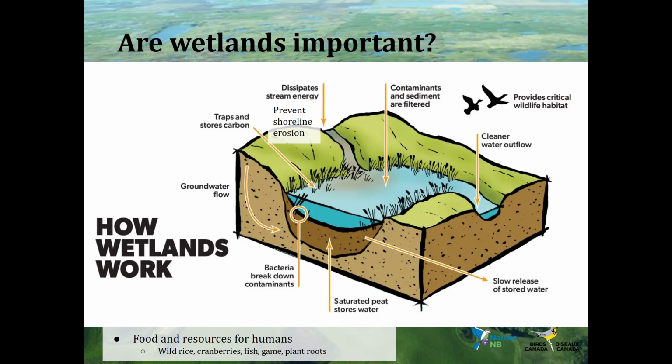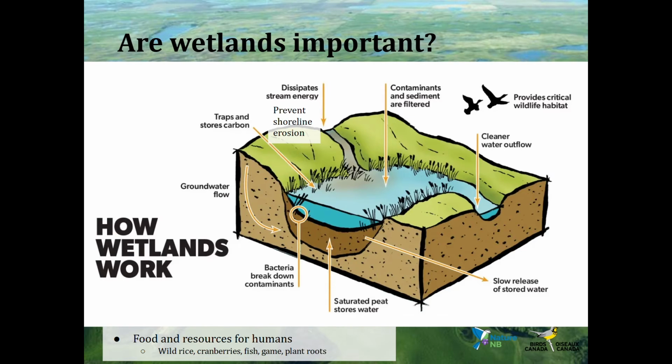So, are wetlands important? In a word, yes, they are. They perform a variety of critical functions. So they absorb floodwater, recharge groundwater, sequester carbon, and purify water, essentially acting as natural sponges that hold a lot of water.